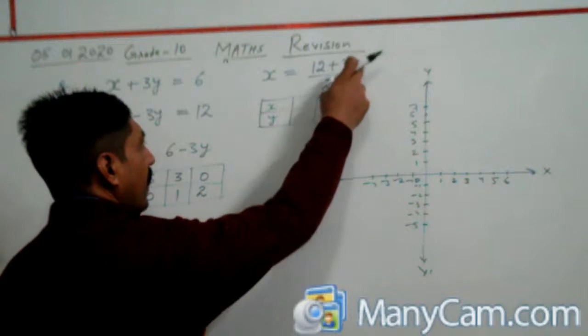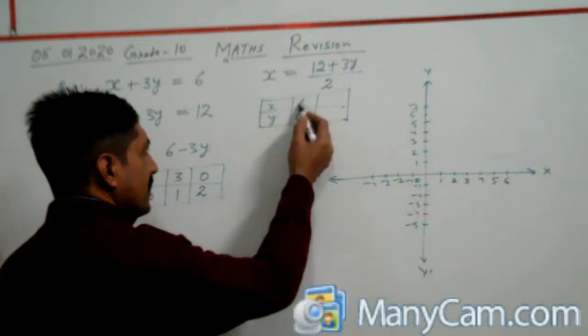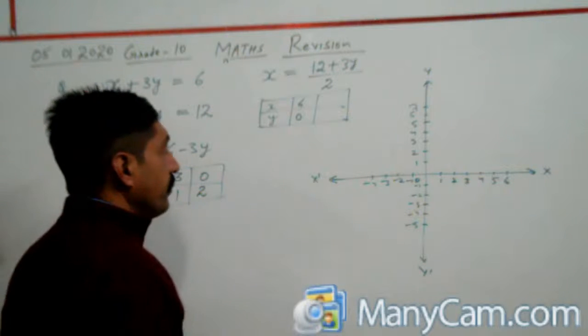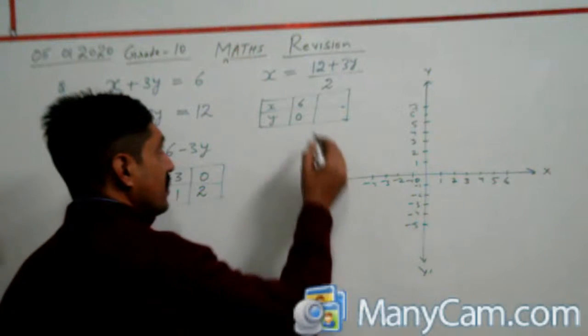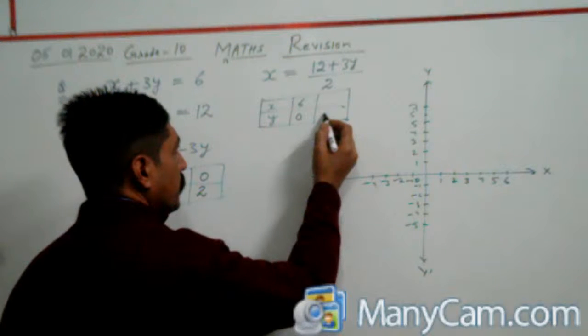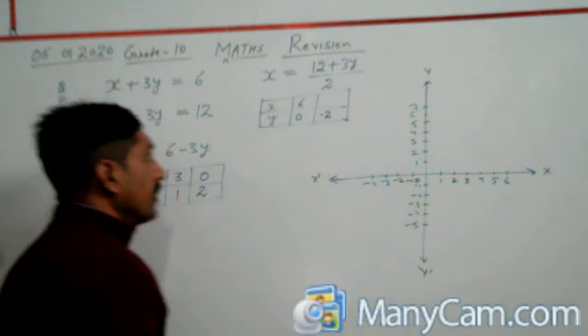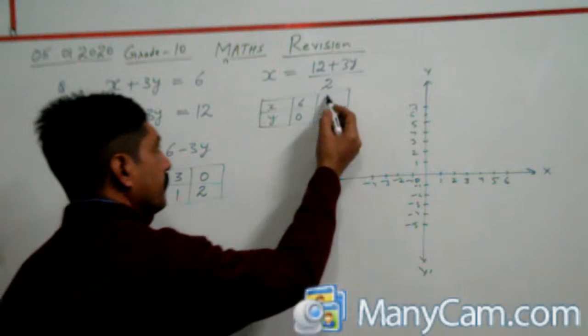Let y be equal to 0. Then x is 6. And if y is equal to -2, then x is 3.